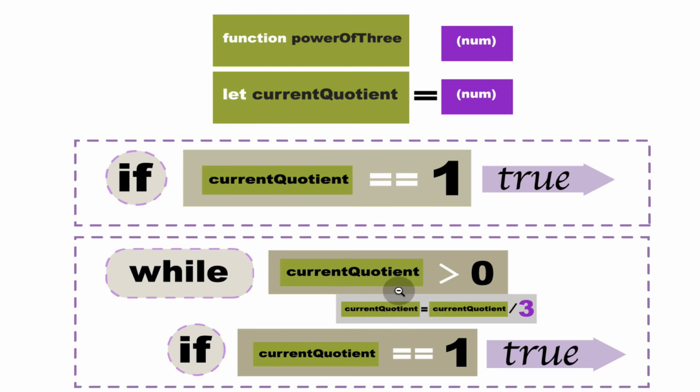Eventually, we'll get down to 1, and we'll get into this conditional. And the current quotient, if 1 equals 1, is true. Then we know it's a power of 3.